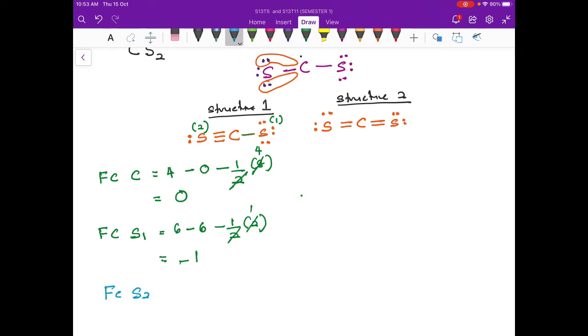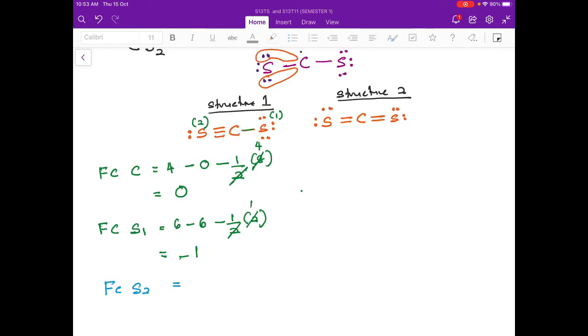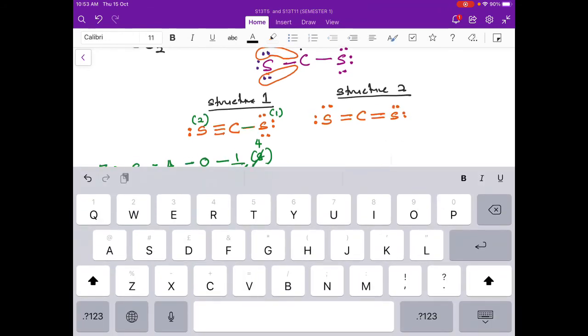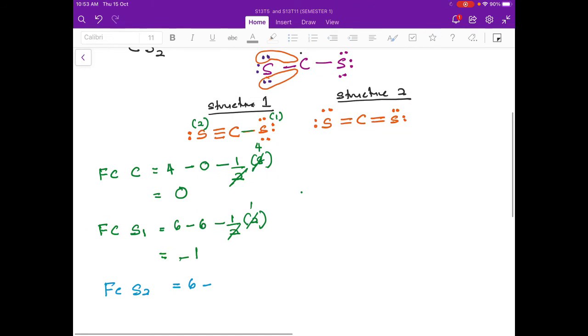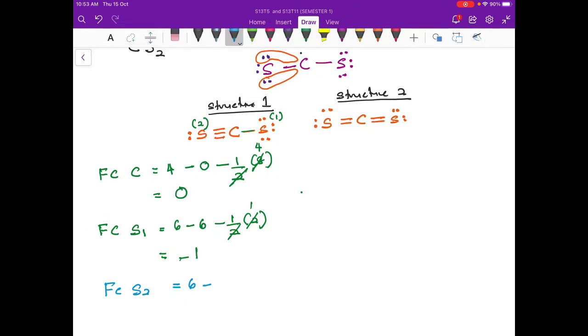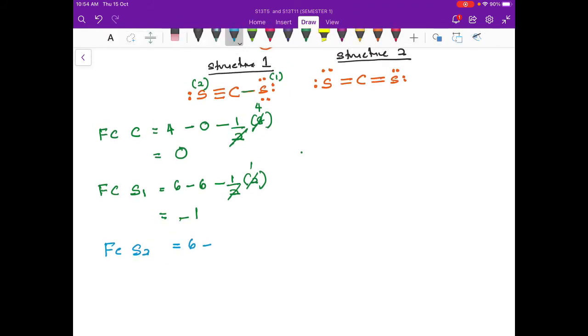Sulfur number 2, 6 minus 2, minus half of 6 electrons. 6 minus 2 is 4, 4 minus 3, positive 1.